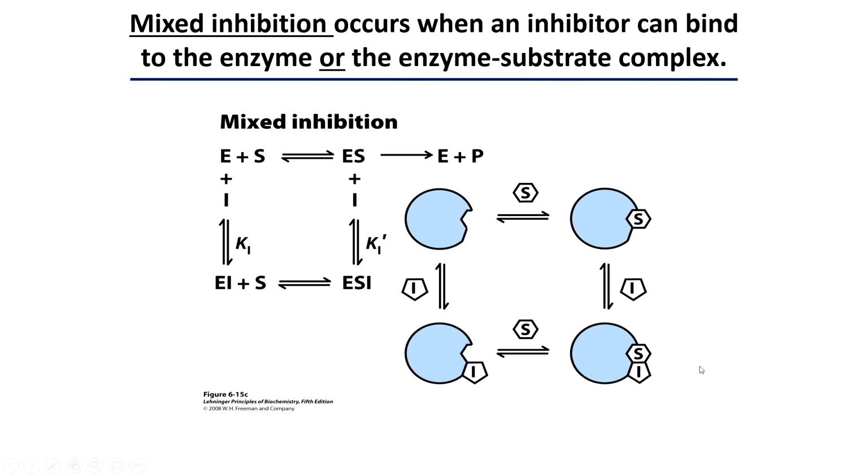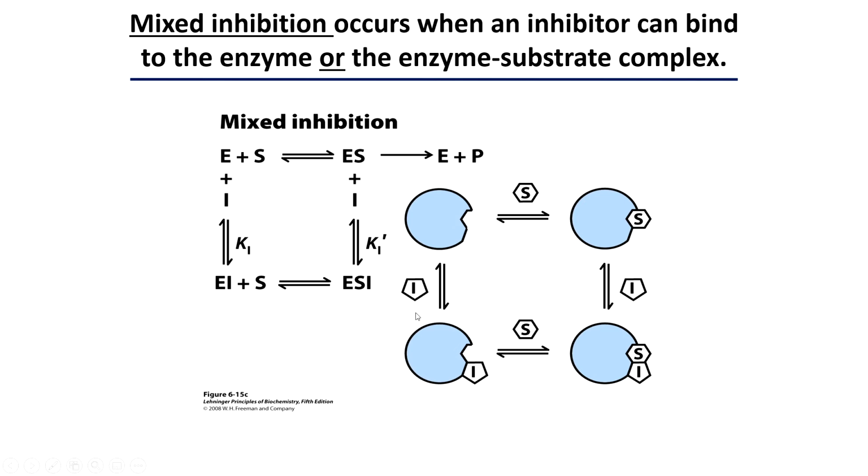And so the effects of a mixed inhibitor on Vmax and Km are a little bit hard to predict. Usually, any one inhibitor has different affinities for either binding the enzyme alone or binding the enzyme-substrate complex. So what does that mean? Well, let's say we have one enzyme that's capable of binding two different types of inhibitors.